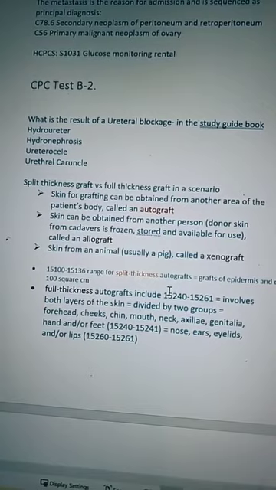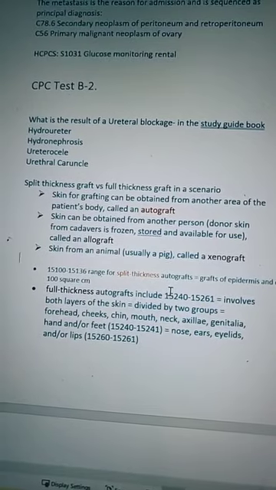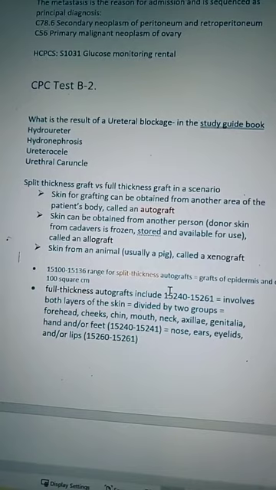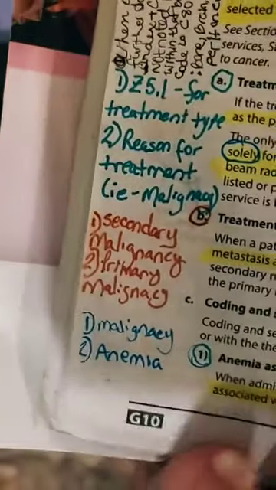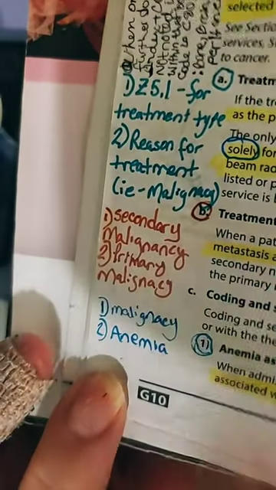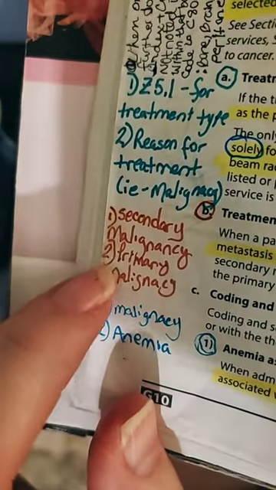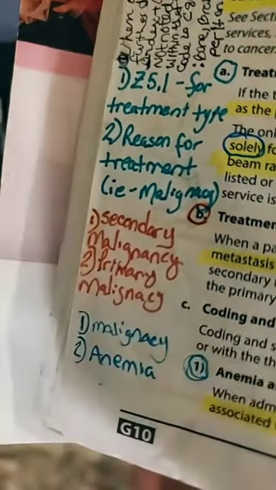Those guidelines are a bear, guys. It's going to be on page, if you're in 2021 guidelines, that one will be on page G10. Down at the very, very bottom. Right here, you will do your secondary first malignancy. Then your primary malignancy will go second.